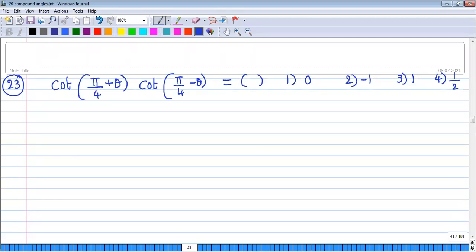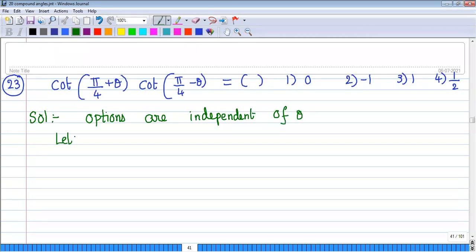Here options are independent of theta. So let us select an arbitrary angle, theta equal to 0 degrees.